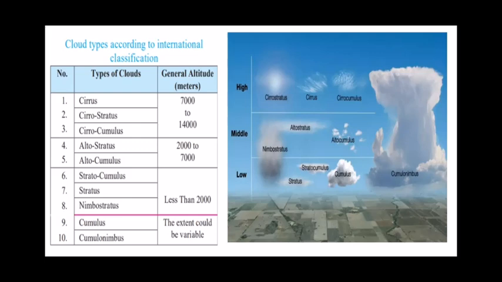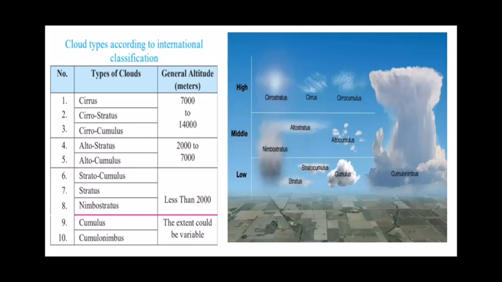Okay, children? So in this table, you can see the variety of clouds that are there, like cirrus, cirrostratus, cirrocumulus, altostratus, altocumulus, stratocumulus, stratus, nimbostratus, cumulus, and cumulonimbus.